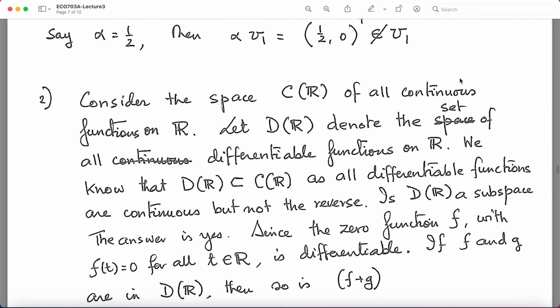Now consider the space C(R) of all continuous functions on R. So now let D(R) denote the space of all differentiable functions on R. So the set of all differentiable functions is a part of the set of all continuous functions on R, because every differentiable function is a continuous function, but the reverse is not true.